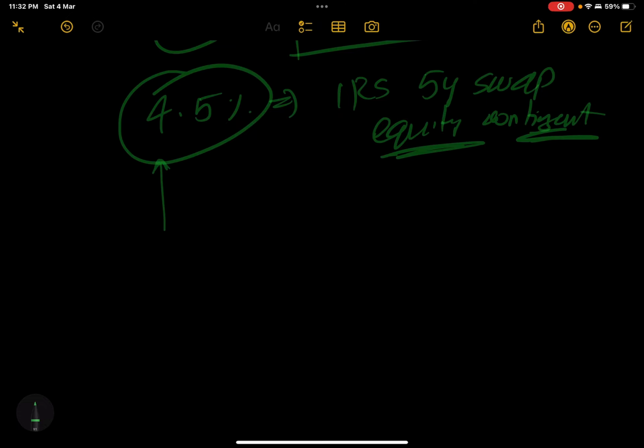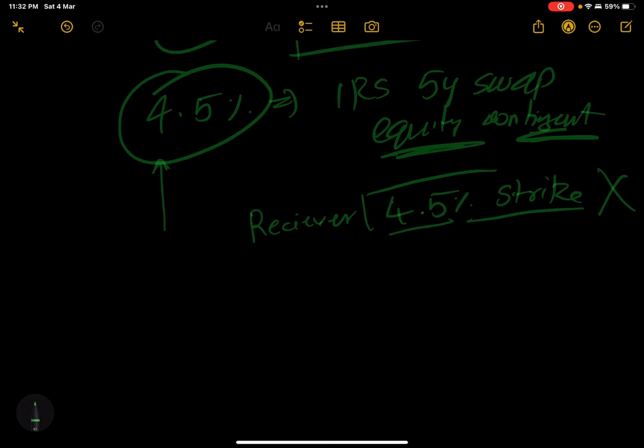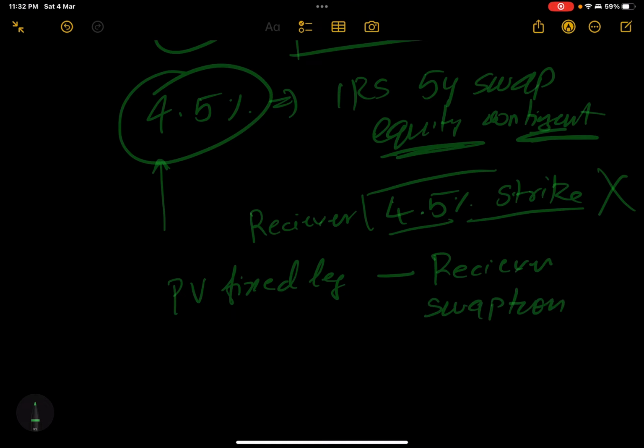So I will check with the receiver of 4.5% strike. Is it the answer? No, this is not technically the answer. I will solve the option value for this 4.5% strike, calculate the PV of my fixed leg, subtract the receiver swaption, and try to equate it to the PV of the float leg, or whatever the other side is.